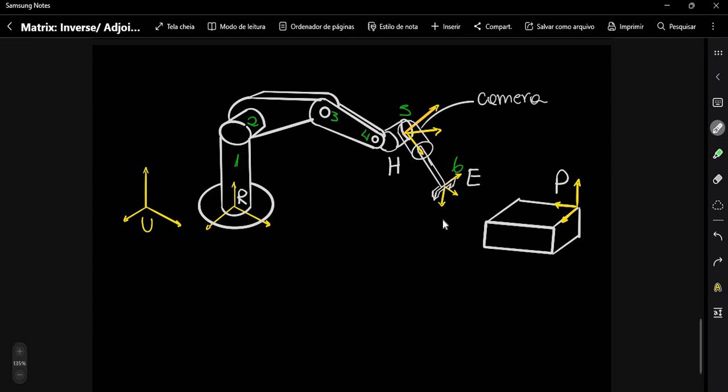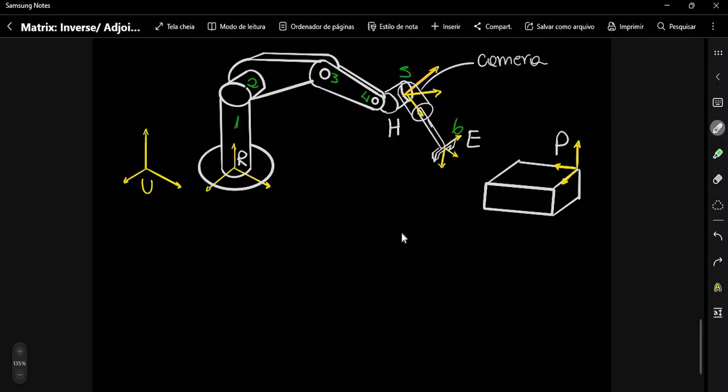So now it remains only to write the matrices. So let's write the matrices that this exercise provides as information.